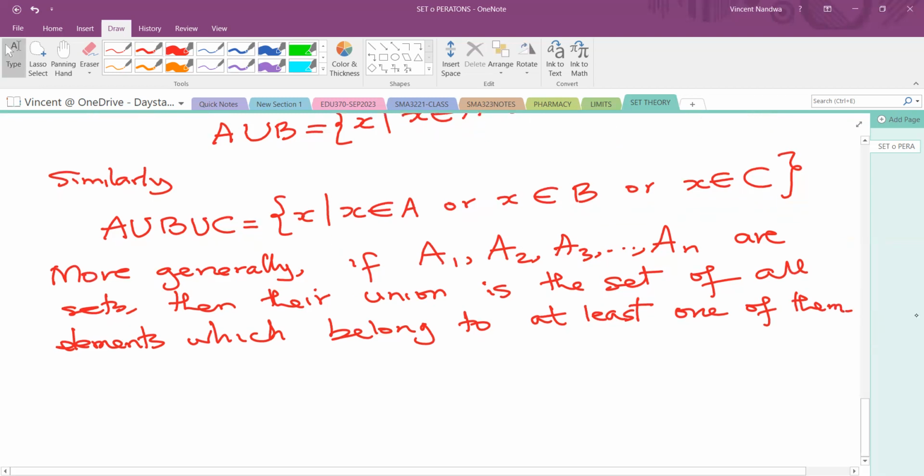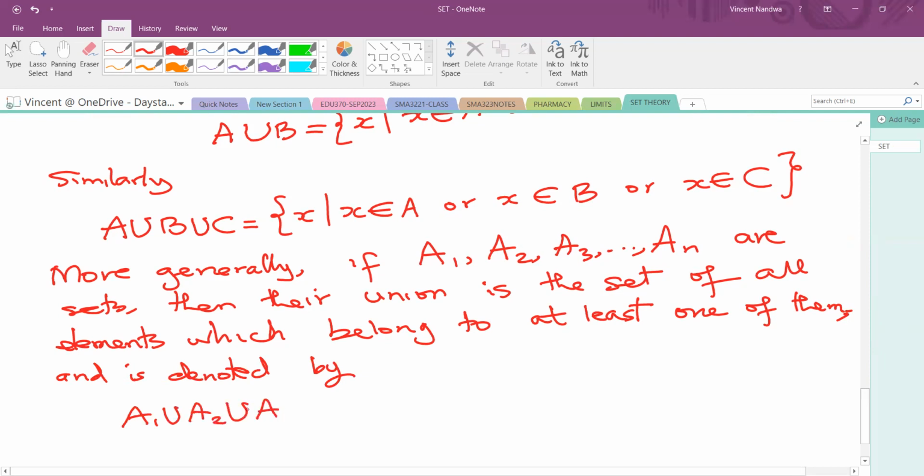And we write A1 union A2 union A3 union AN, which can just be written as the union of Ai.